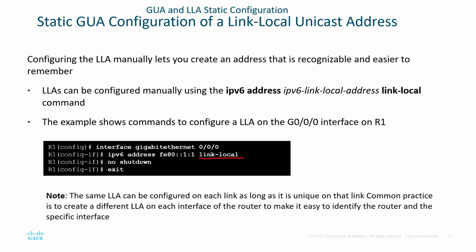If you forget that link local at the end of this, your router will not know. Your router will give you an error. The same LLA, incidentally, can be configured on each link as long as it is unique to that link. Common practice is to create a different LLA on each interface of the router to make it easy to identify the router and the specific interface. So, as in this example here.